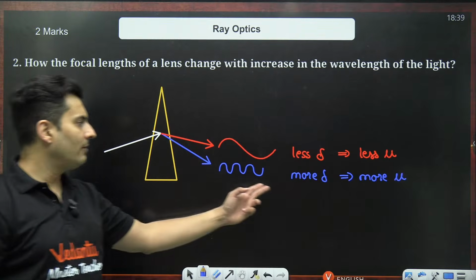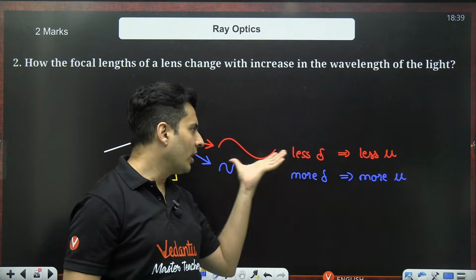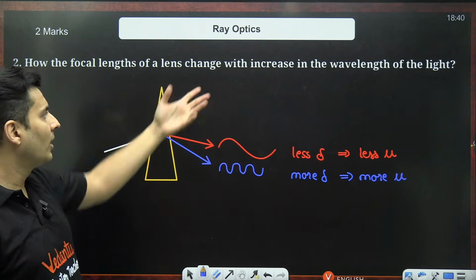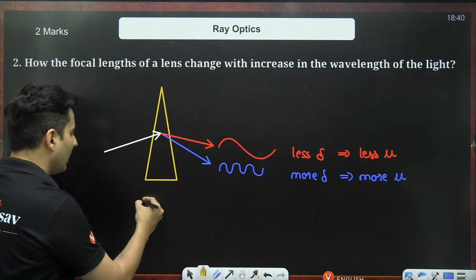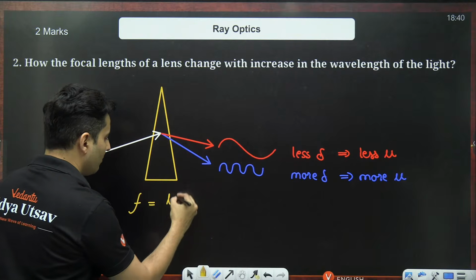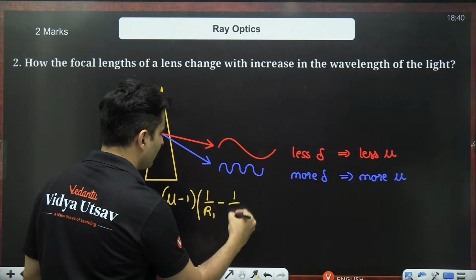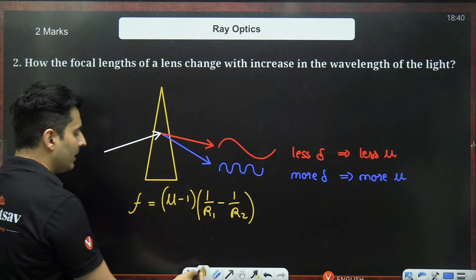So shorter wavelengths have more refractive index, and longer wavelengths have lesser refractive index. So how does the focal length change? For that, we need to go to the formula of focal length. Focal length is mu minus 1 into 1 by R1 minus 1 by R2. So if refractive index is more, focal length is also more.